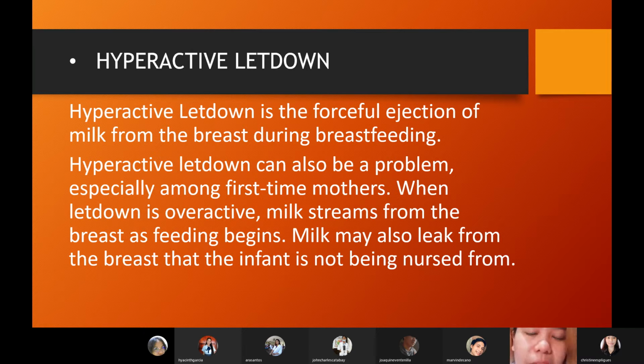So, same as hyperlactation. So, hyperlactation is the condition where breast milk overflow occurs because of increase of milk production.